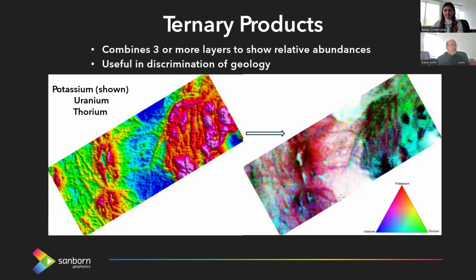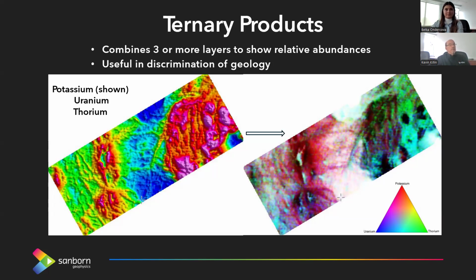So using the potassium only to discriminate the rock types would have led to a false conclusion. And for that matter, using any single layer to discriminate complex problems can be misleading.